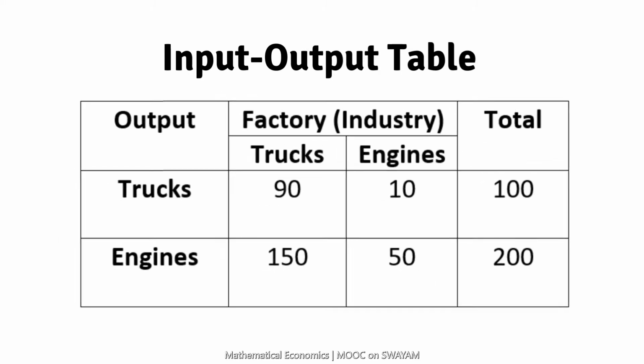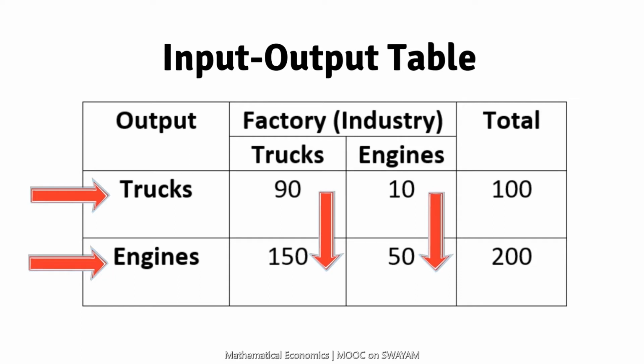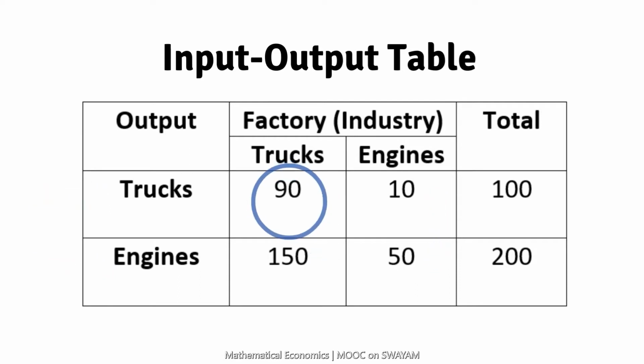The rows represent the outputs of the truck factory and engine factory, and the columns represent the truck factory and engine factory. The number 90 in the first cell, first column and first row shows the number of trucks needed as an intermediate input in the truck factory.